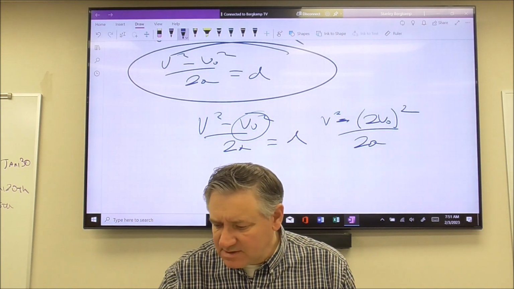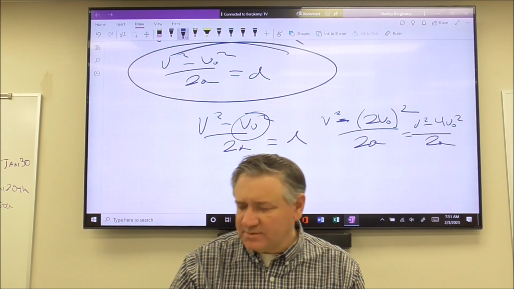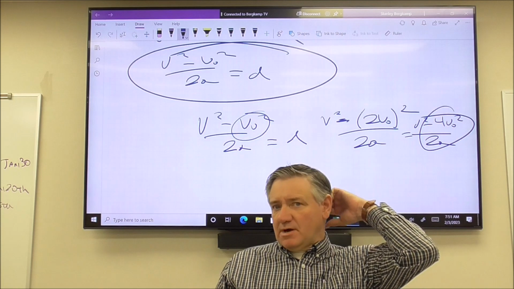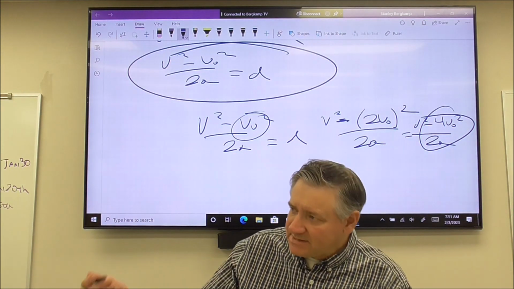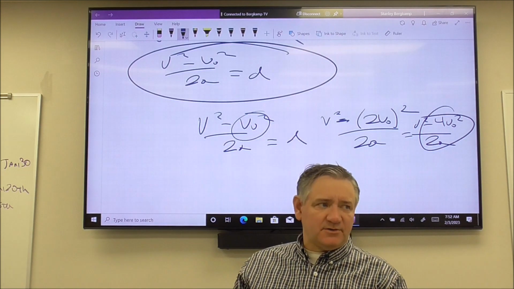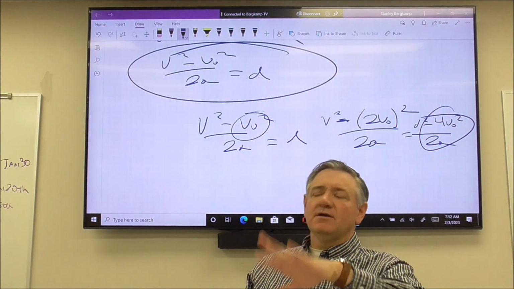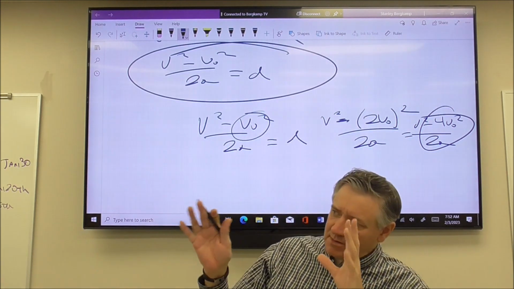So this becomes v squared minus 4v naught squared over 2a. And then you realize, if that's going to go up by a factor of 4 because it's squared, then my distance has to go up by a factor of 4. I'm going to go from 3 meters to 12 meters. That's a more elegant, kind of a philosophical, mathematical approach.